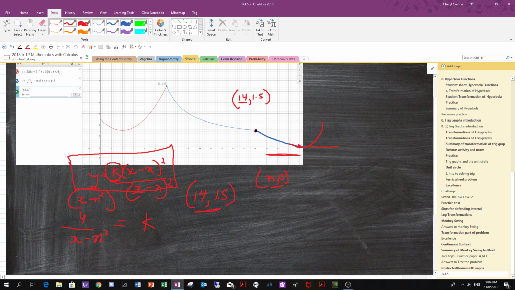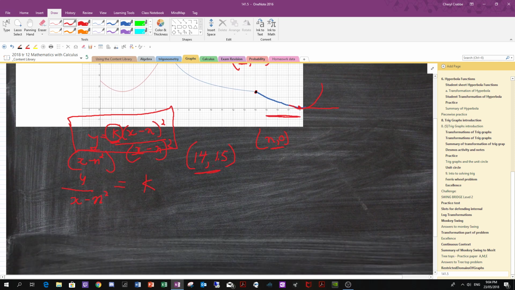We only have k in terms of basically n. And so in this particular case, y is 1.5 and x is 14. Should have brackets around it, by the way.